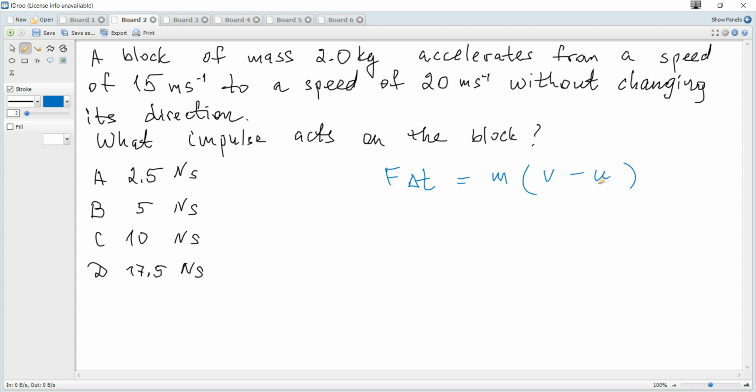And since m is constant, it's m times v minus u. But it's very important, all values are vector quantities, so direction is essential. Since it doesn't change its direction, let x be to the right, and the initial u is also to the right, and v also to the right.